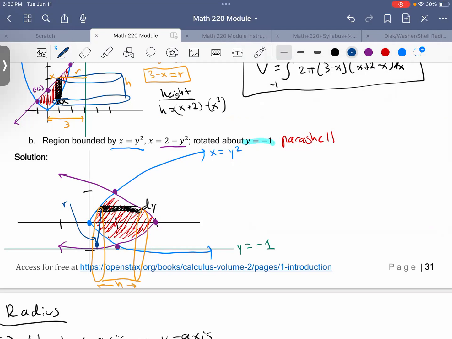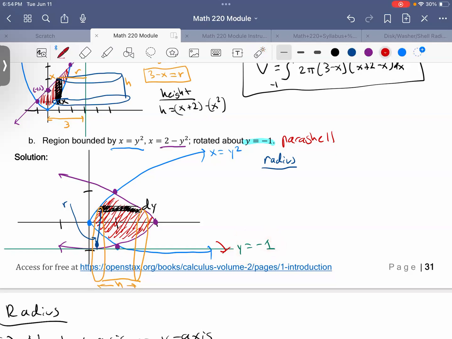So our radius. We're going over the axis here, right? We're rotating around y equals -1. We're kind of touching it, but we still have all this stuff up here, and we have to get over the axis to get there. When we have to go over the axis, it's really just a variable plus whatever you're trying to get to.